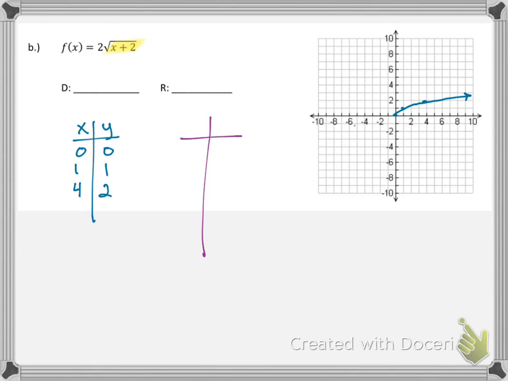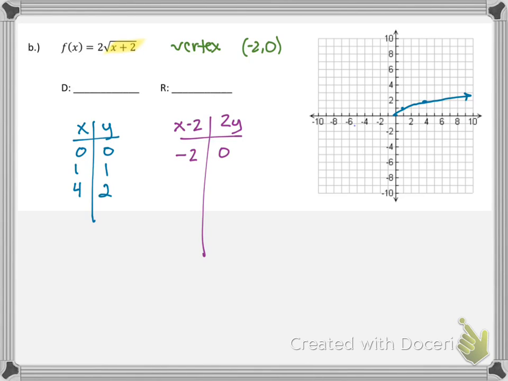To my x, I'm going to -2, slide 2 to the left because it's counterintuitive. And to the y, all I'm doing is multiplying the y by 2. So my new table, 0, 0 is going to become -2, 0. That's my new vertex, and you can identify the vertex because it's in vertex form. The vertex is -2, 0.